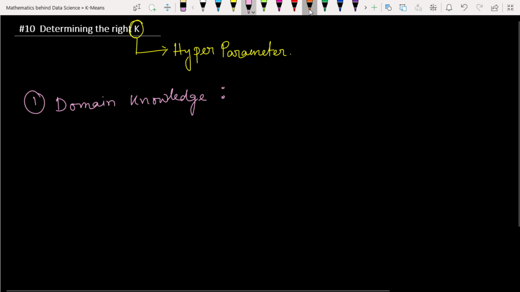First, let's take the data that we have collected as an example. Suppose we take Amazon product review data.